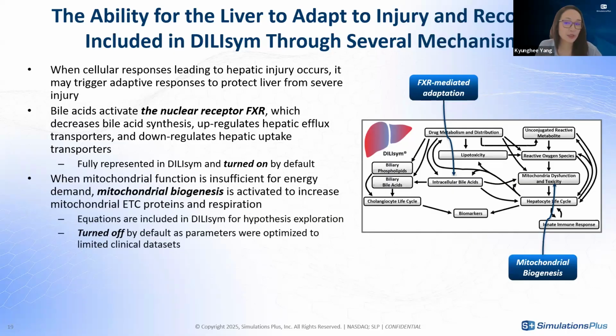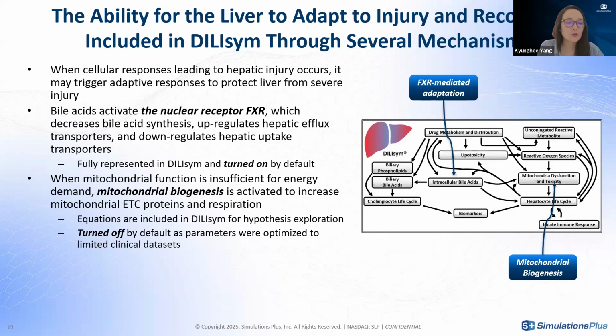For mitochondrial toxicity mechanisms, again, there are numerous reports out there of evidence of increased mitochondrial biogenesis in response to initial mitochondrial injury, again, a protective adaptive mechanism of the liver. So we have added representation of mitochondrial biogenesis in past versions.